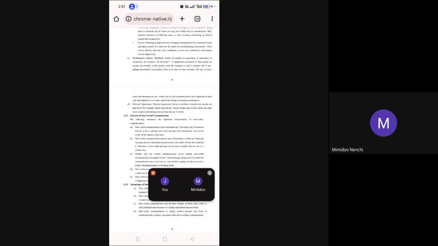So now, features of non-verbal communication. Non-verbal communication can be unintentional. You may be aware of what is happening and you may not be aware. The sender may be unaware that he or she is sending non-verbal communication and consequently may not be aware of the impact it may have. So when you are transmitting a message, you may not be aware of the kind of message you are sending.